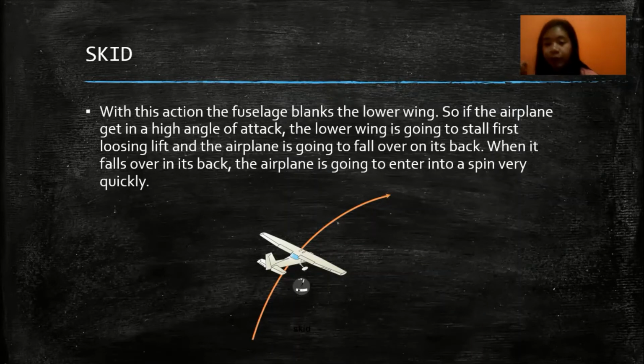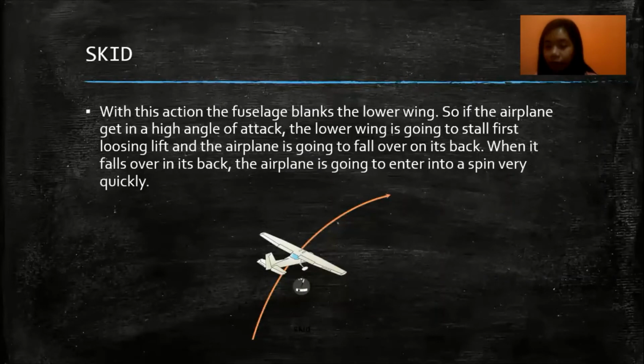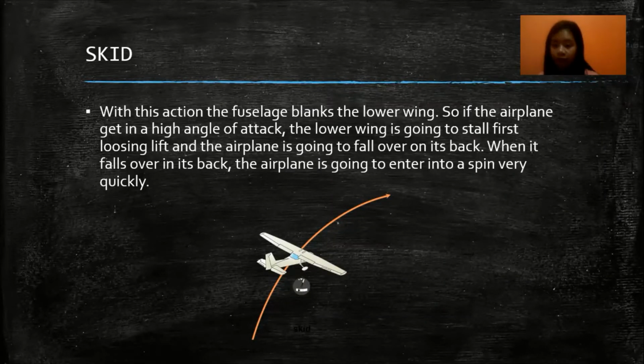So, if the airplane gets in a high angle of attack, the lower wing is going to stall first, losing lift, and the airplane is going to fall over on its back. So, kapag nag-spin na yung aircraft dahil sa skid, the airplane is going to enter into a spin very quickly.